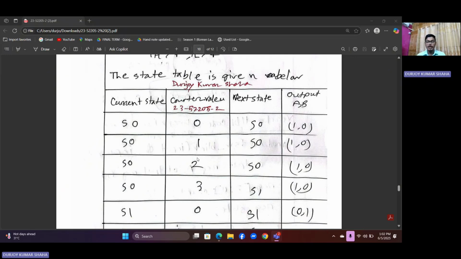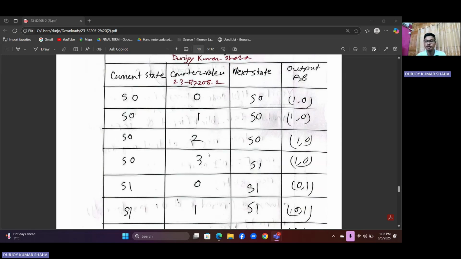However, at counter value 3, the state changes to S1. In S1, for counter values 0 to 2, it stays in S1, but when the count reaches 3, it transitions back to S0 and the output becomes 0, 1.